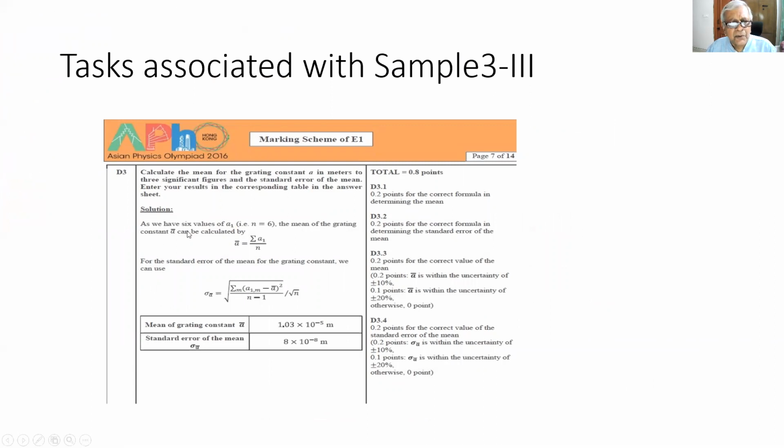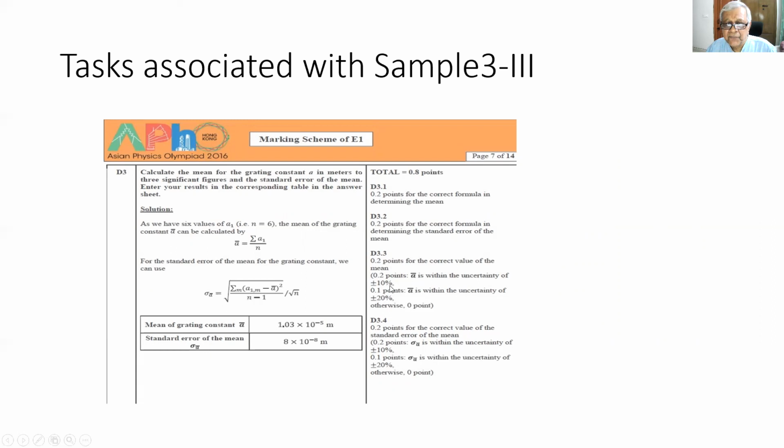And so for A1, since we have 6 values there, the mean of the grating constant A can be evaluated by this, and the standard error is this. So the mean grating constant is this much, and the standard error is 8 times 10 to the power minus 8. And you can see that the total task is given 0.8 points, and you can see how they are distributed.